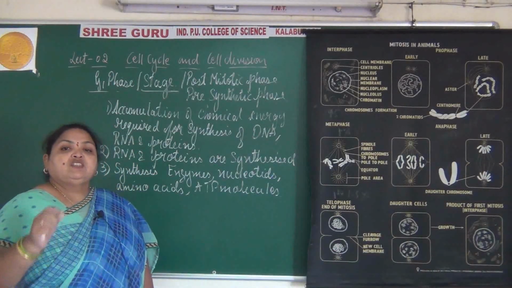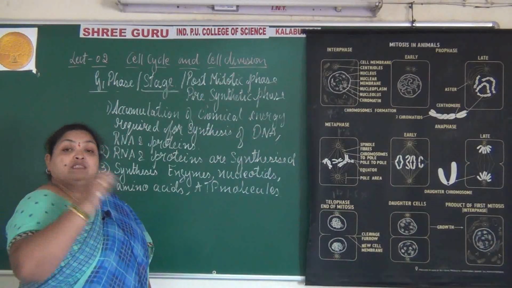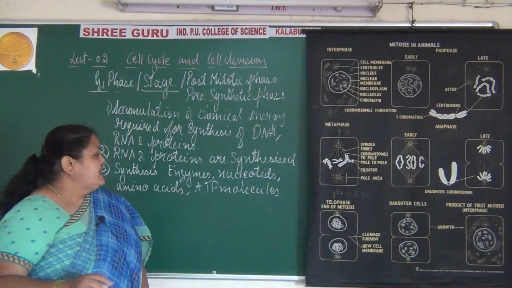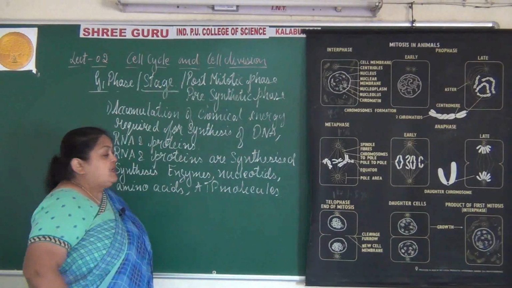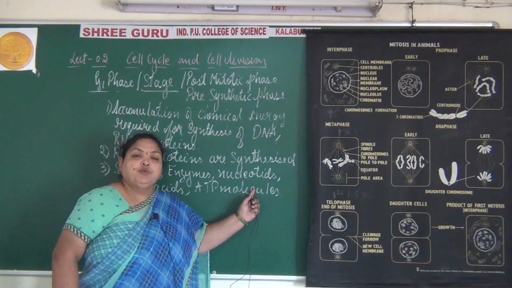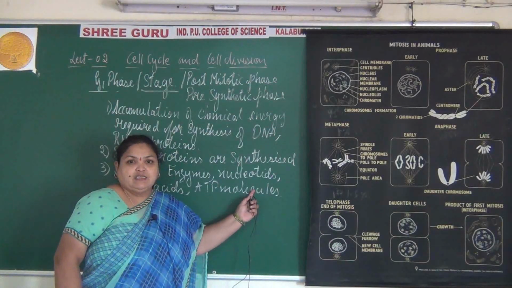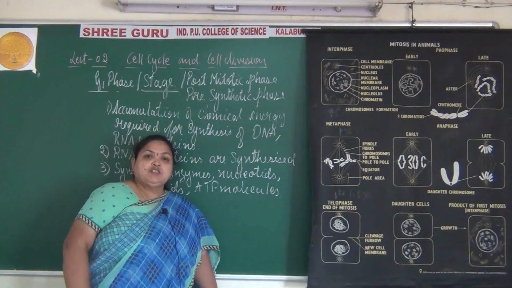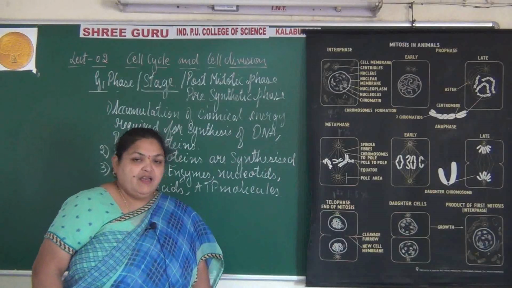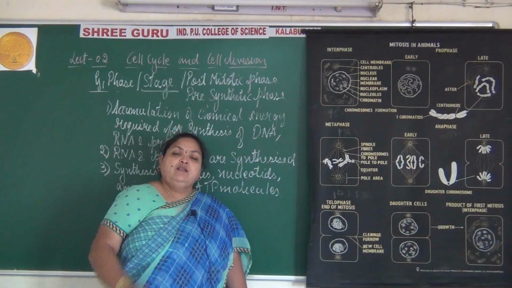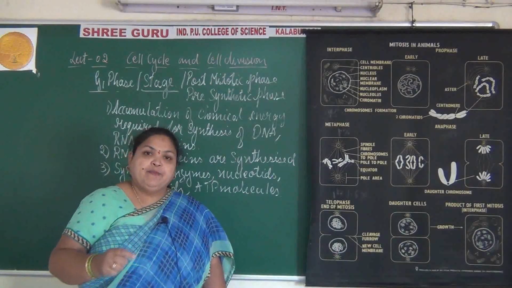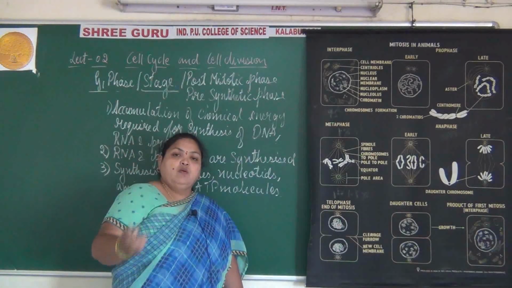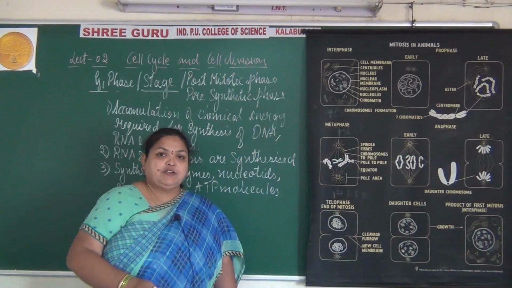In the same way, in the G1 phase, the cell synthesizes many enzymes and nucleotides. The nucleotides are the units of nucleic acids. In the lower classes, you have studied about DNA and RNA. DNA contains the nitrogen bases, purines and pyrimidines, that is adenine, guanine, thymine and cytosine.